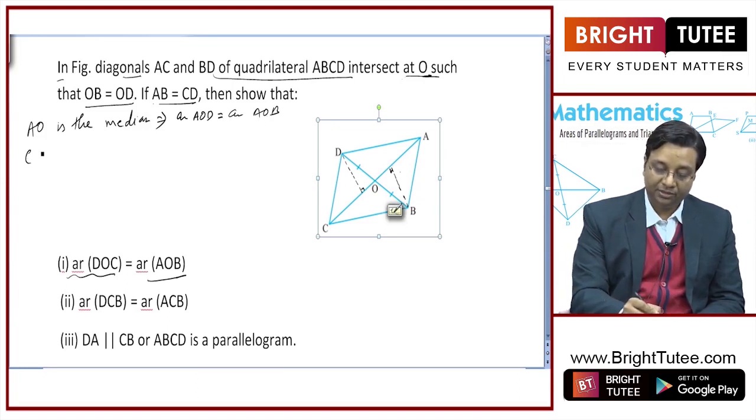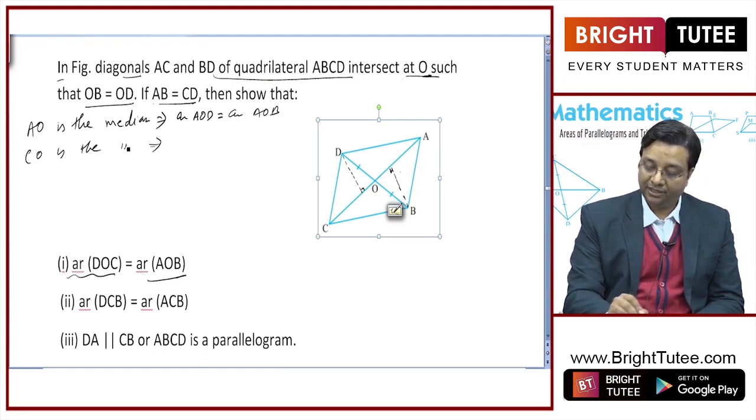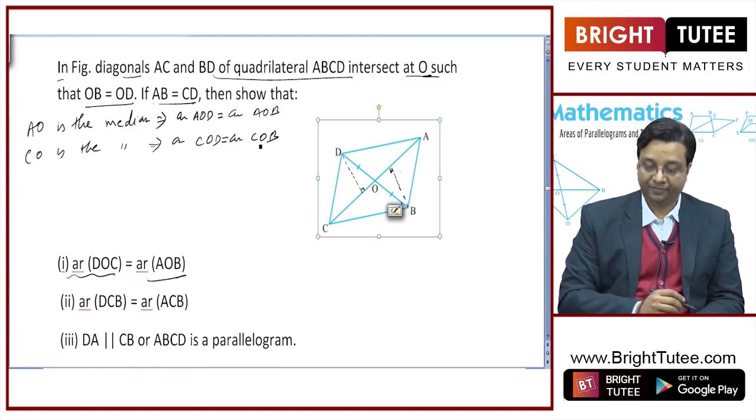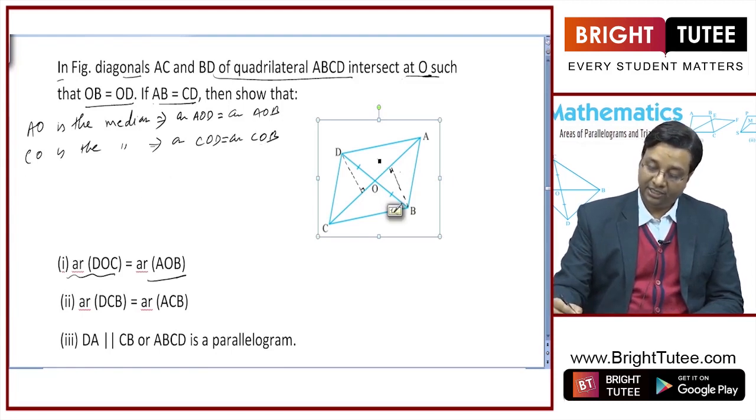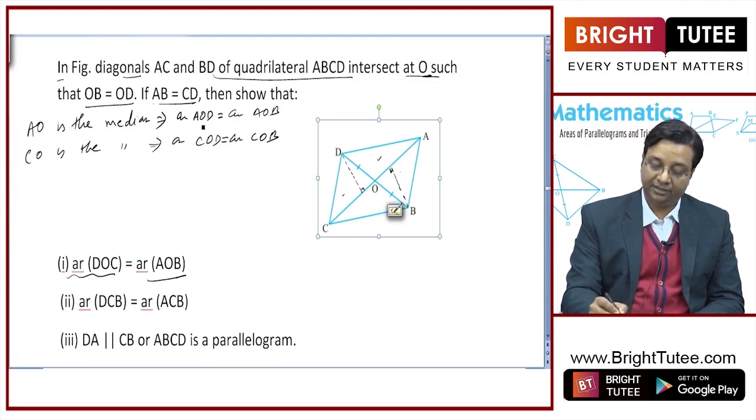Okay, CO is the median, hence area of triangle COD is equal to area of triangle COB. Now if I add AOD and COD, that is this side, it will be equal to sum of areas of AOB and COB. So which will finally give me that area of triangle ACD is equal to area of triangle ACB.